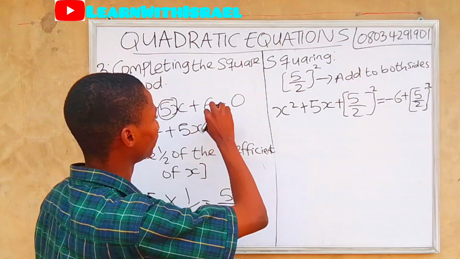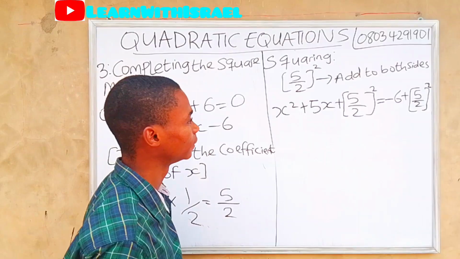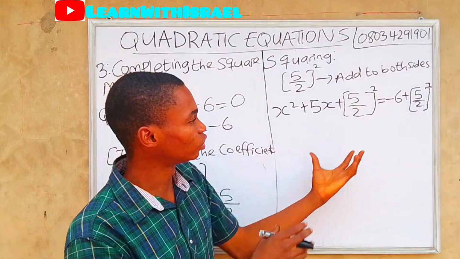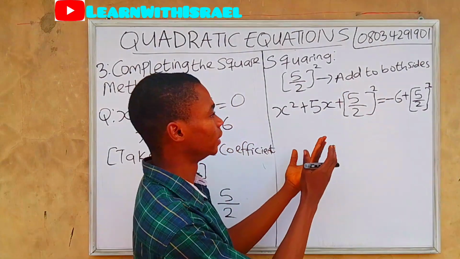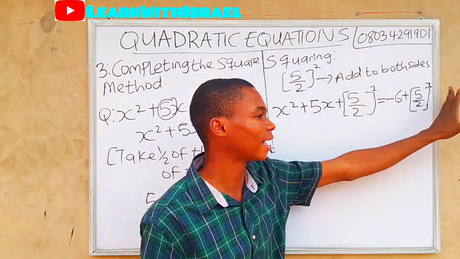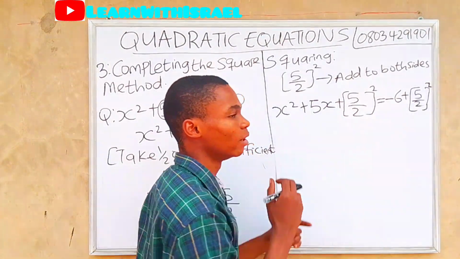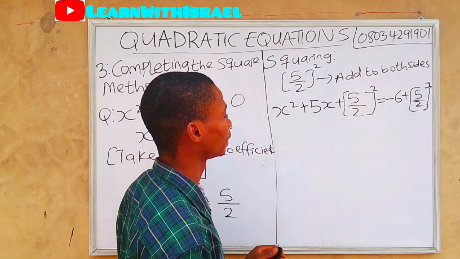Because we already took plus 6 to the right hand side, the next thing to do is, we don't touch this 5 over 2 on the left hand side, but for the right hand side we are going to expand it. Is that clear?